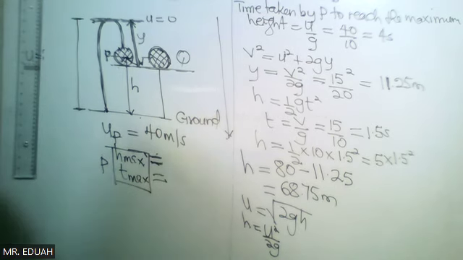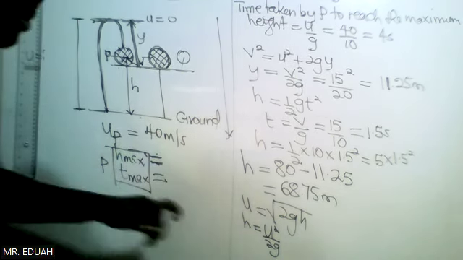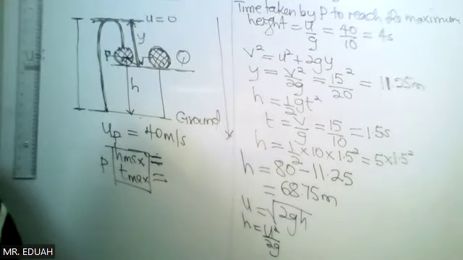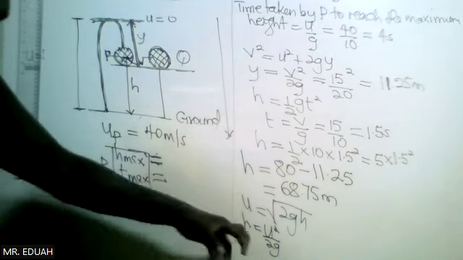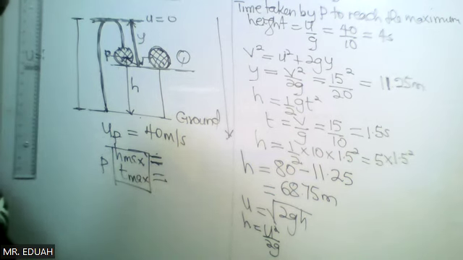Okay. My question to both of you is: when do we use this formula? So for you first, when do we use this formula? You should be looking for the height.